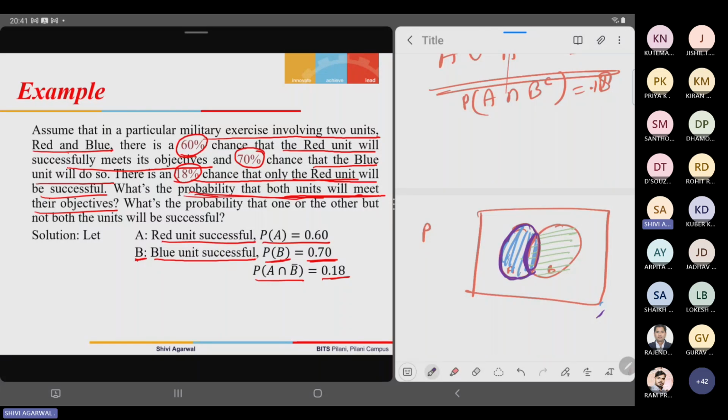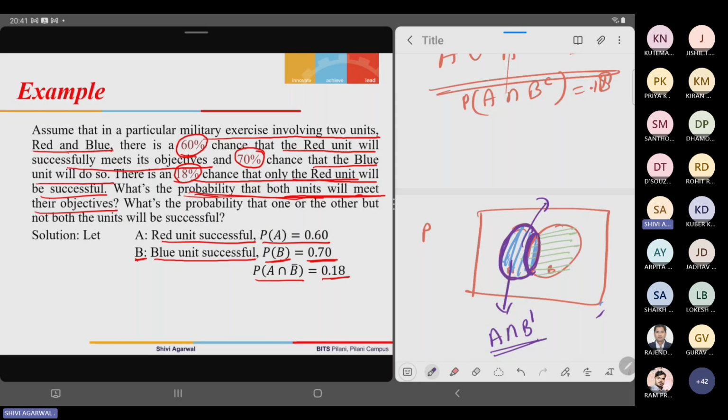So this part is A intersection B complement, because we are excluding the B part also. That is the only red, and it is 0.18.